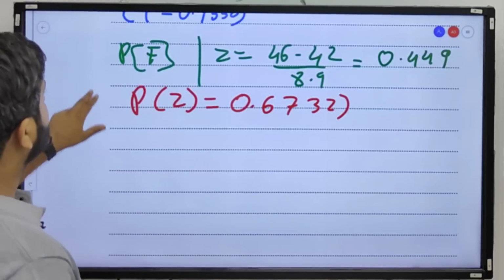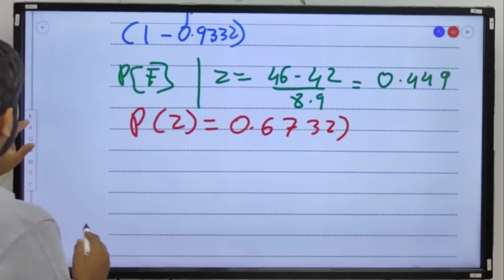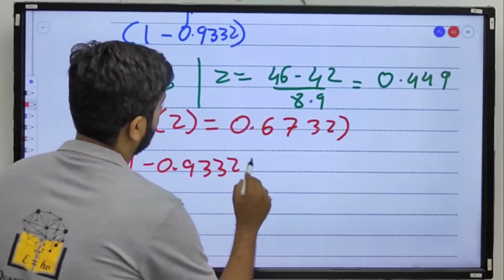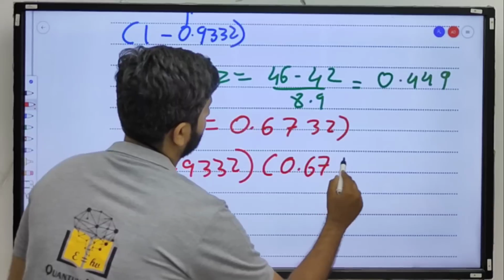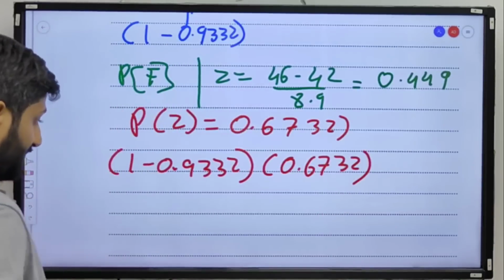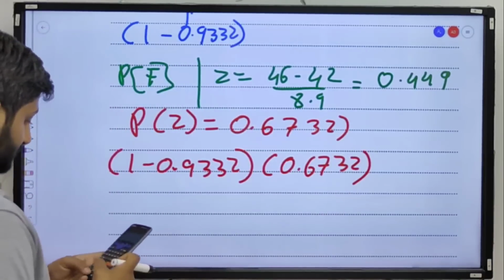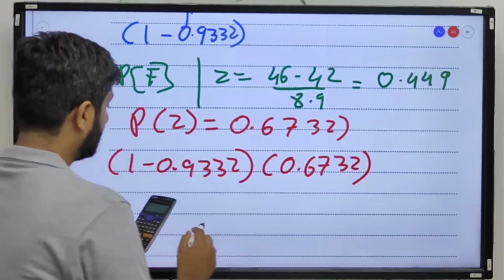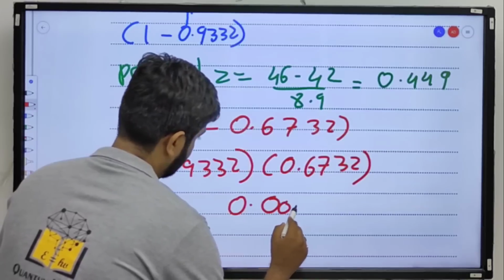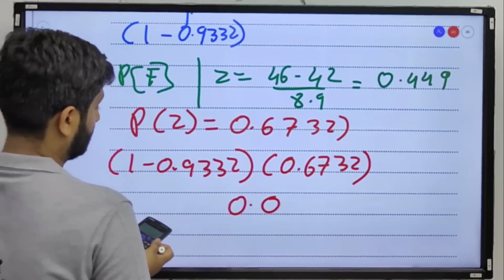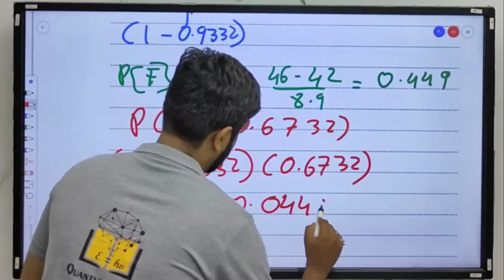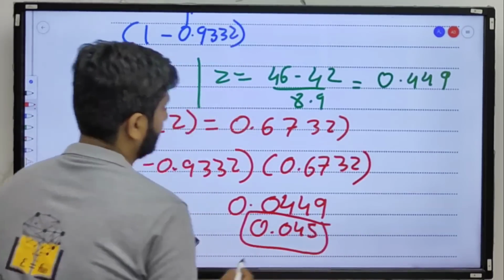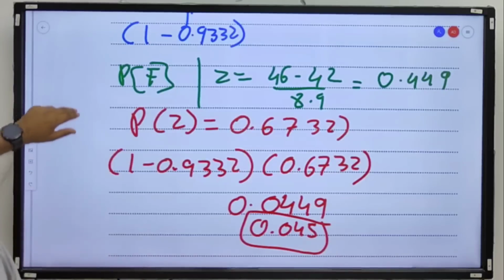So the final answer is 1 minus 0.9332, into 0.6732, which is 0.0449, or I can also write this as 0.045. Let's move to the next question.